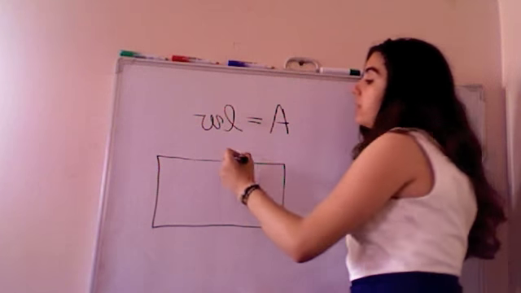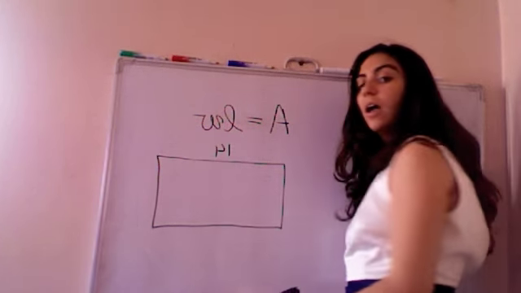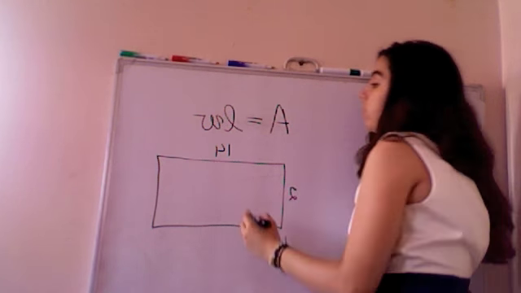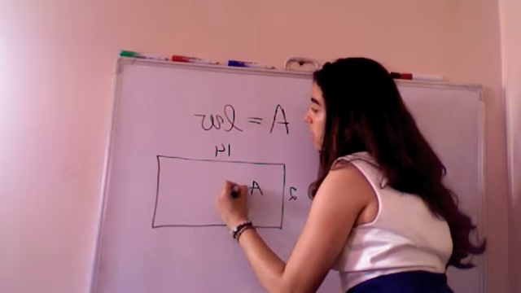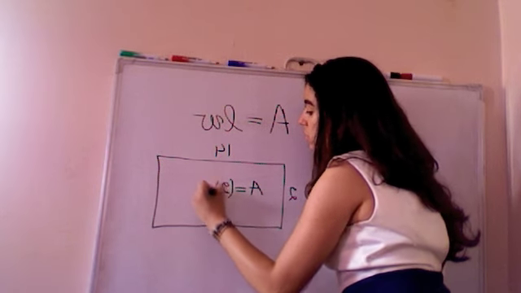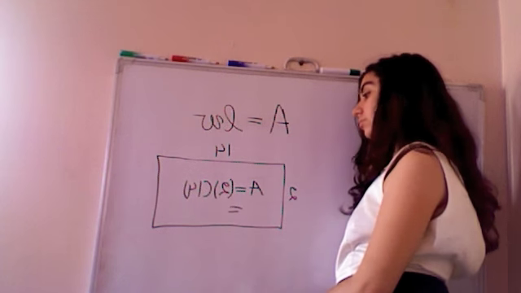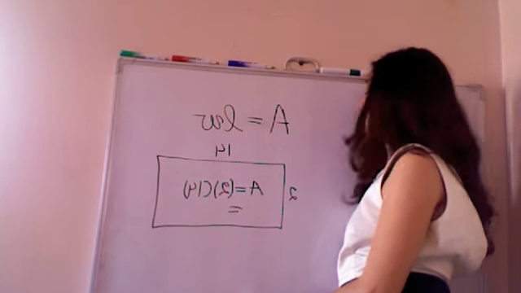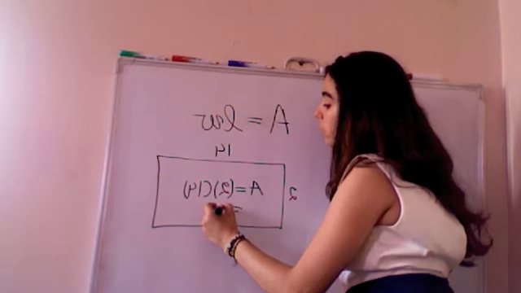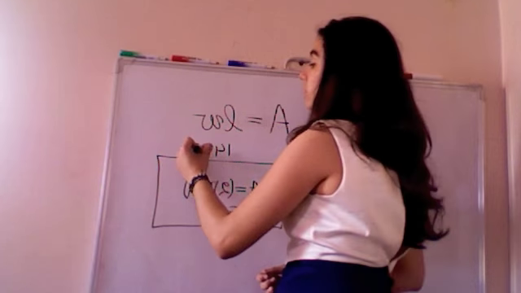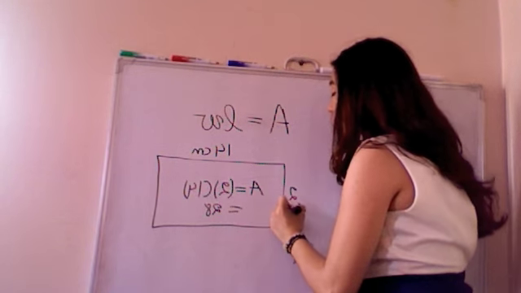Let's say its length is 14 and its width is 2. Then we would do A equals 2 times 14. The area would be 28. But let's give this units, 2 centimeters.